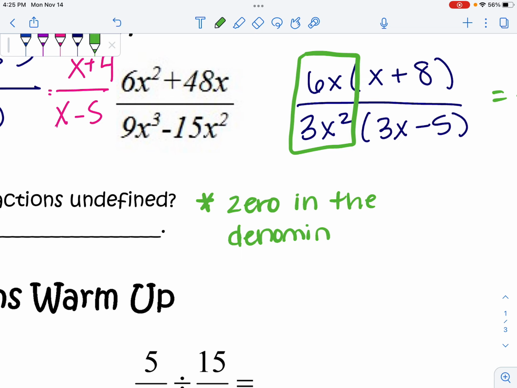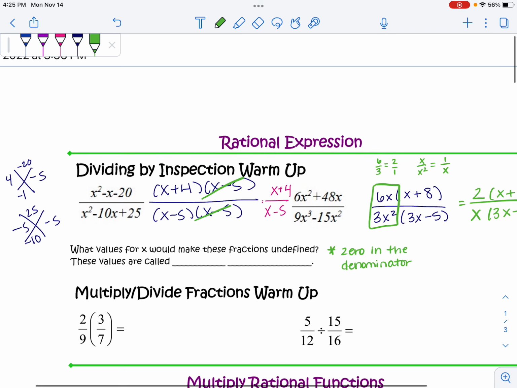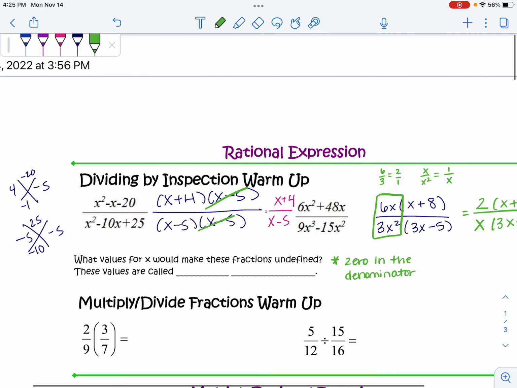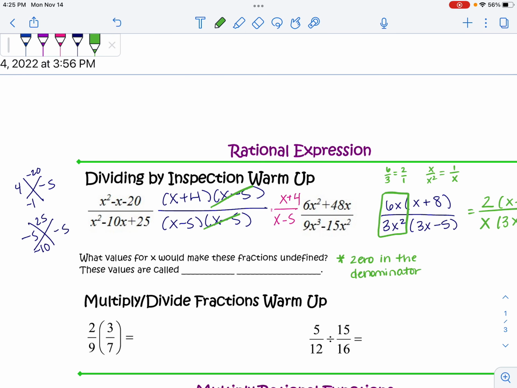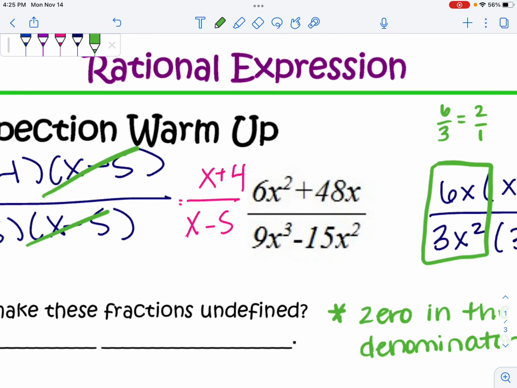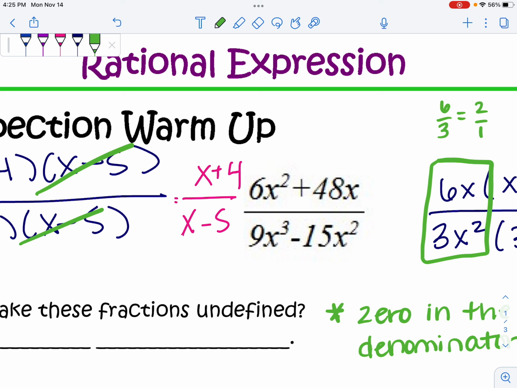We cannot divide by 0, and so that would make our fractions undefined. So looking back at this first one here, the x plus 4 over x minus 5, what value would make this fraction undefined? Essentially, what value for x would make the denominator x minus 5 equal to 0? And that would be x equals 5.